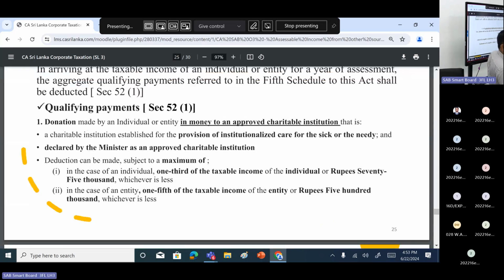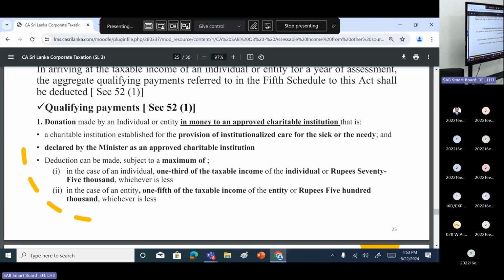So it's defined what a charitable institution is. A charitable institution established for the provision of institutionalized care for the sick or needy person and declared by the ministry as an approved charitable institution. If that is the case, we can consider the donation as a qualifying payment.